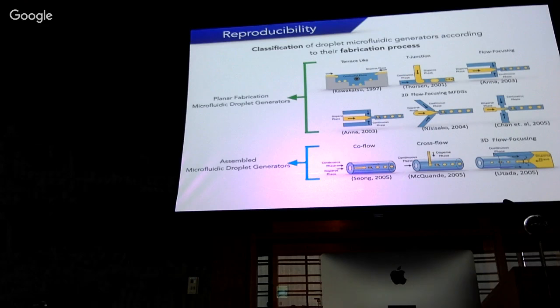And the bottom ones are made through the assembly of capillaries. Whereas in this case you have more control over the droplet formation, it is not viable to assemble thousands of capillaries to make a scale-out system. So we needed to pick one of those.